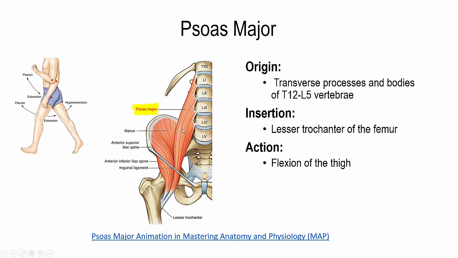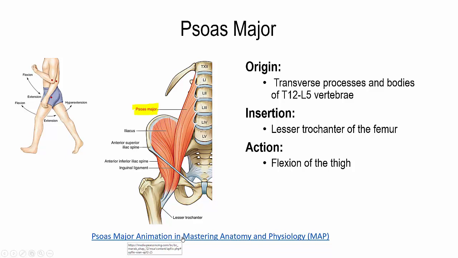Throughout this lecture, all of these hyperlinks that you see down below, if you click on them, are going to take you to the actual animation in Mastering that I showed you at the beginning, with the animations and videos where you can see animations for different muscles. So I put those in here for you.